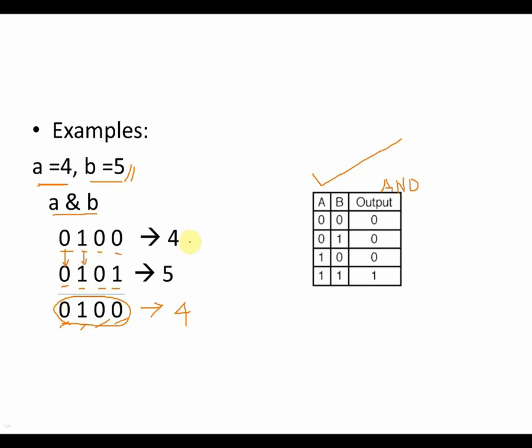So in this case 4 is represented this way and 5 is represented this way. So the result of the operation is this, which is also actually a 4. So after you evaluate A and B, you get a result of 4. So this was about bitwise operators.